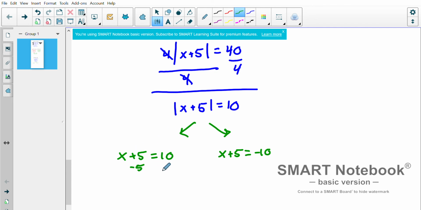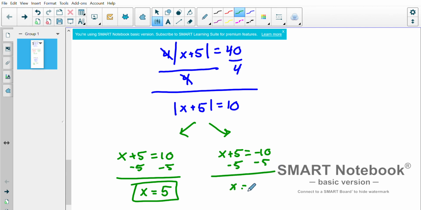Now we solve our 2 equations. Our first solution is x equals 5. Our second solution is x equals negative 15. And those are your 2 solutions for this problem.